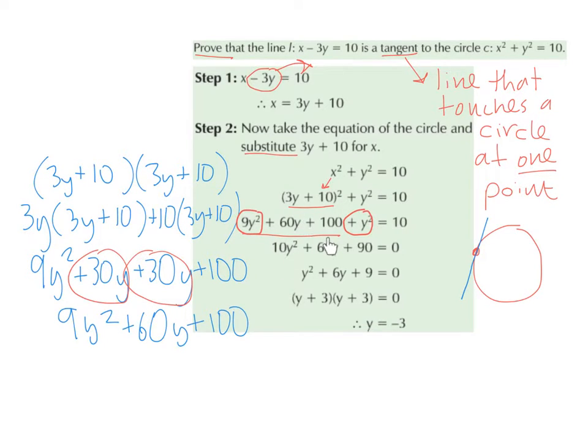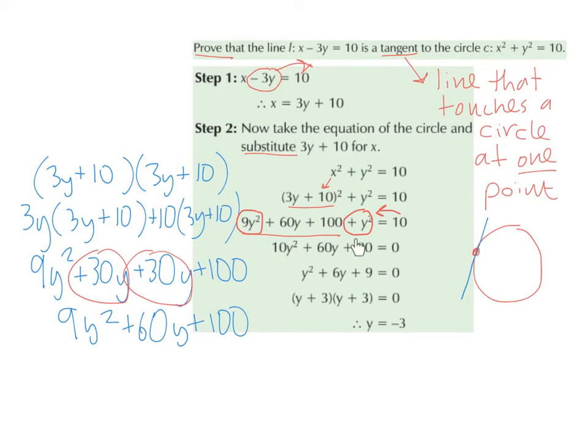We bring down the plus 60y. And then we're going to bring the 10 over the equal sign. It becomes minus 10, and 100 minus 10 is 90. So we have 10y squared plus 60y plus 90 is equal to 0.